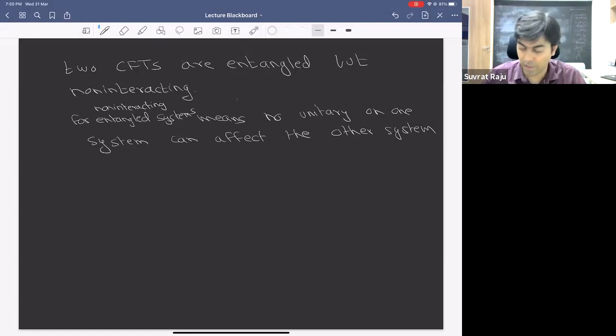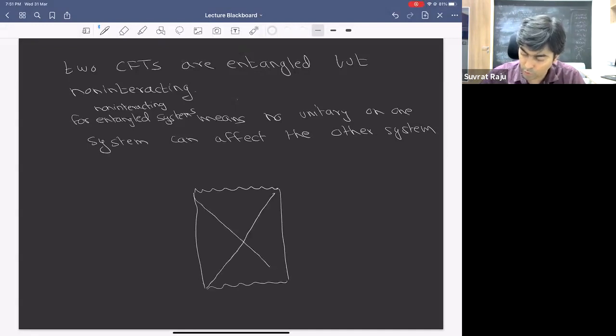On the other hand, think of the bulk. Think of what's happening in the bulk. So in the bulk, think of some observer who was produced from this side. So we have an observer who's produced at some point from the right CFT.